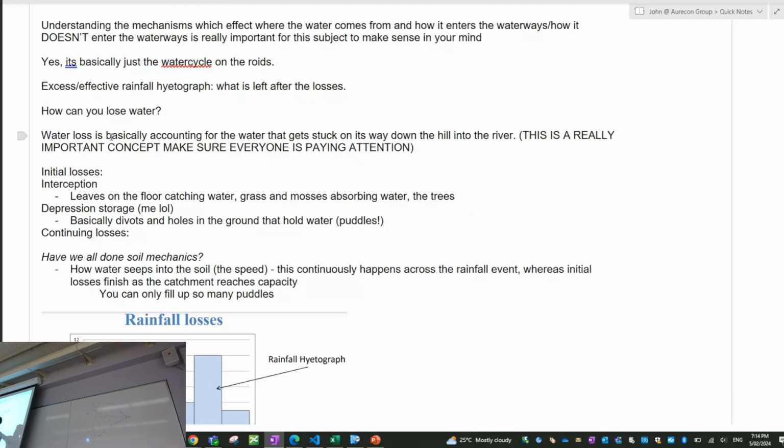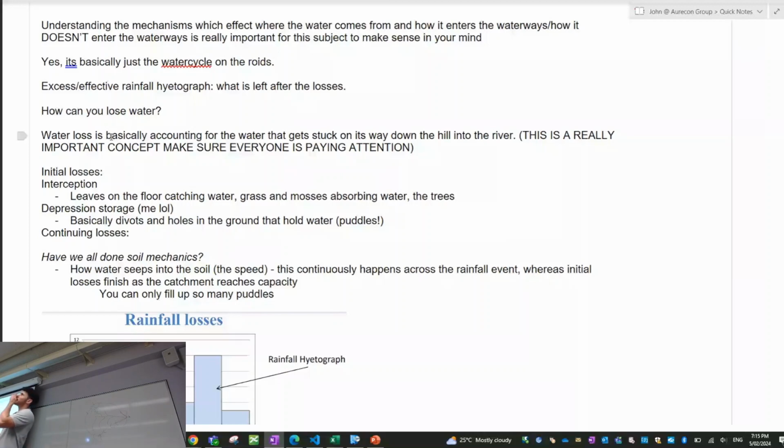Yeah, so can anyone explain to me why initial losses stop after the first however many hours? Okay, you can read it, but if you want to explain it to me in your own words. What do you reckon? Why do initial losses stop?